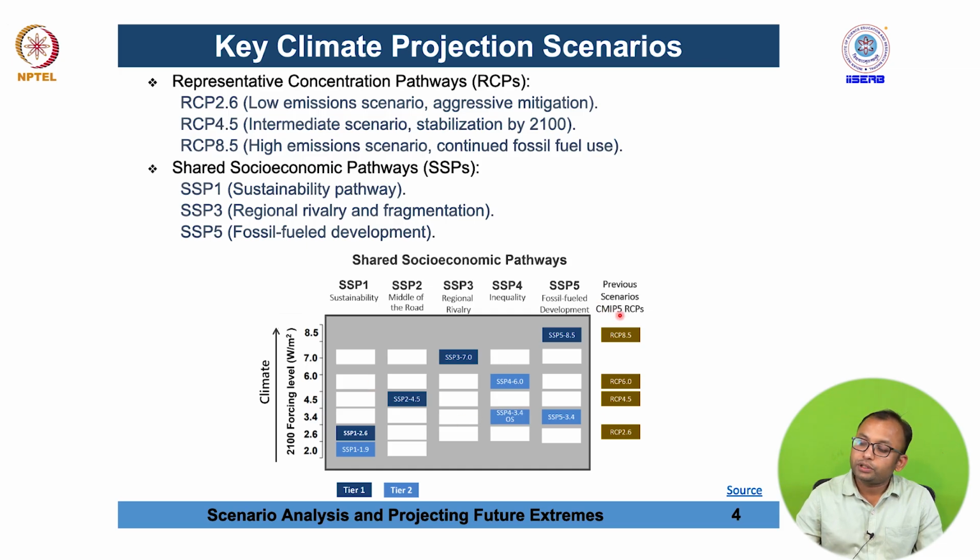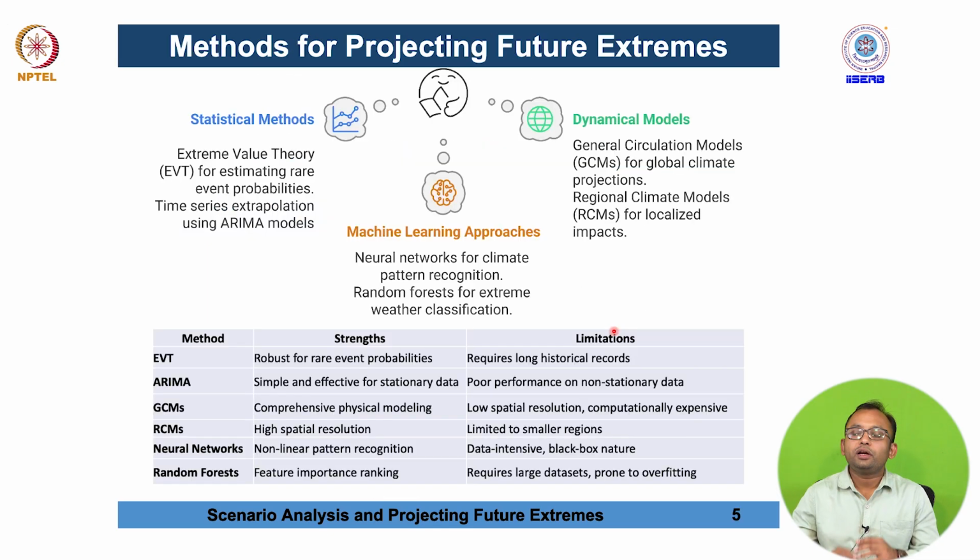But when we are talking about the previous CMIP 5 scenarios, we are only looking at different warming levels, excluding these socioeconomic pathways. For all other scenarios you have only RCP 2.6, RCP 4.5, 6 and 8.5 without any development phases or improvement phases or socioeconomic pathways like that. So, this is called scenarios.